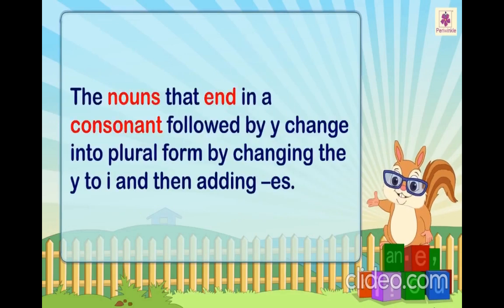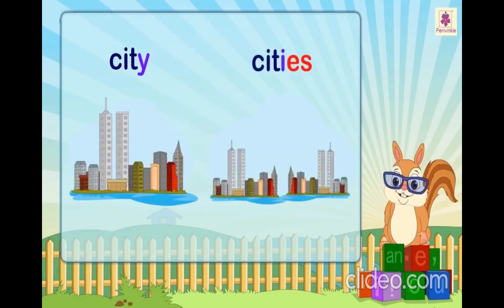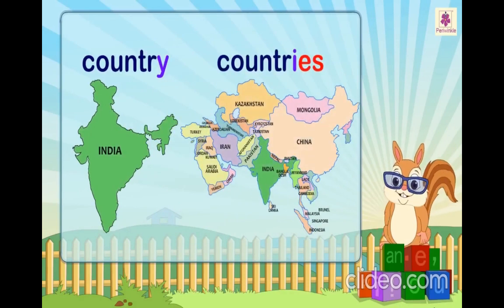The nouns that end in a consonant followed by y change into plural form by changing the y to i and then adding es. For example, city, cities; country, countries.